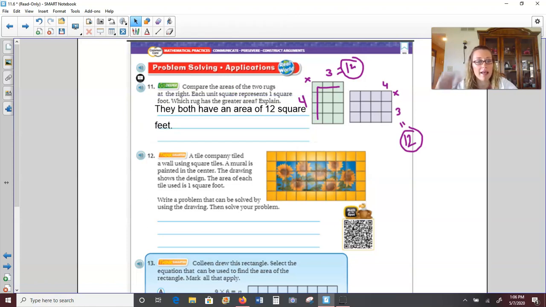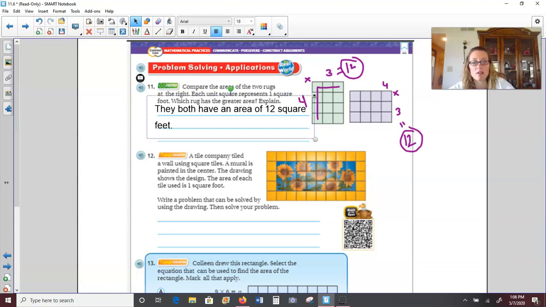Okay, so again, this just explains how we can have 2 different shapes, but they cover the same area. And in fact, it's just like taking the green rug and turning it on its side, and it would fit over top of that purplish rug perfectly.